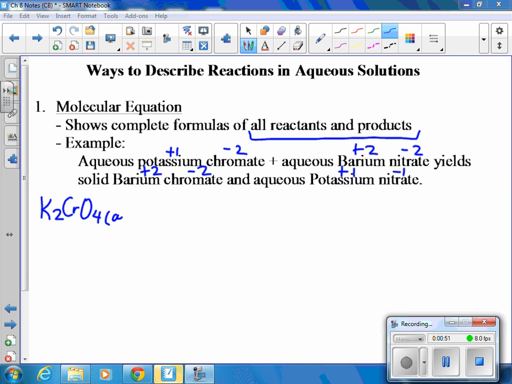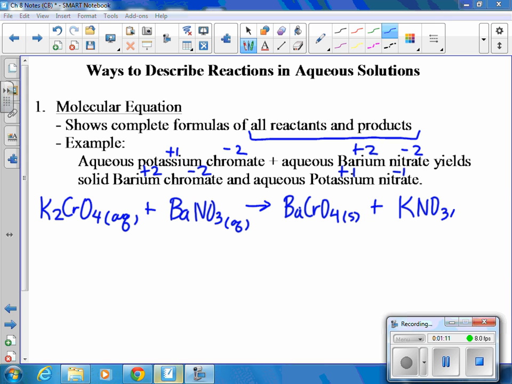It tells me that it's aqueous, plus aqueous barium nitrate. Yields, so my equal sign, barium chromate. And it tells me that it is a solid, plus potassium nitrate. And that also says that it's aqueous, which we know by now that all nitrates are aqueous.